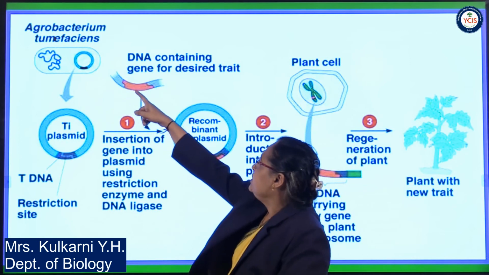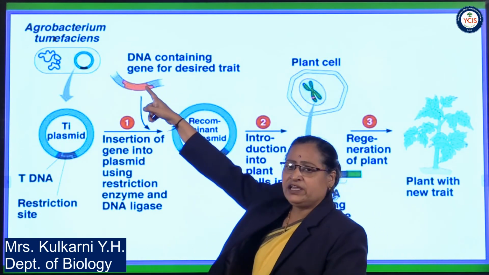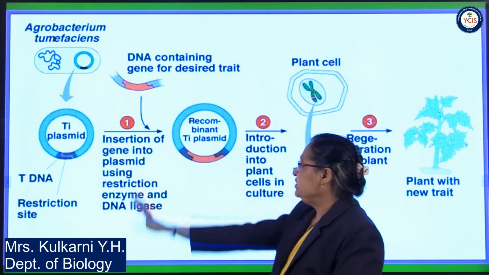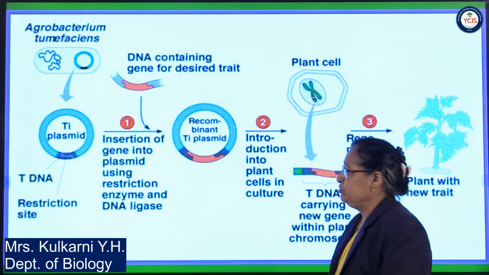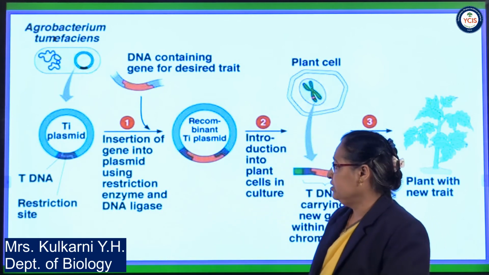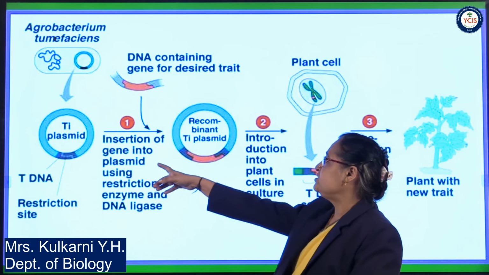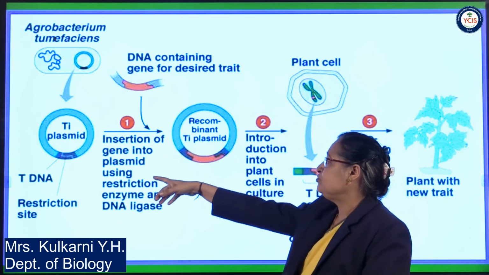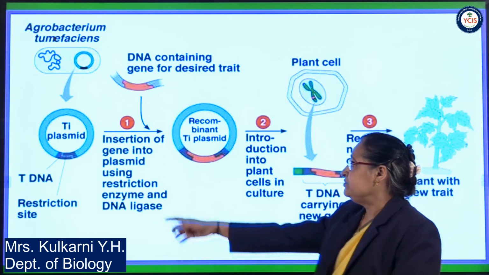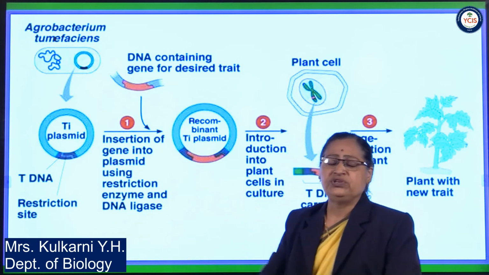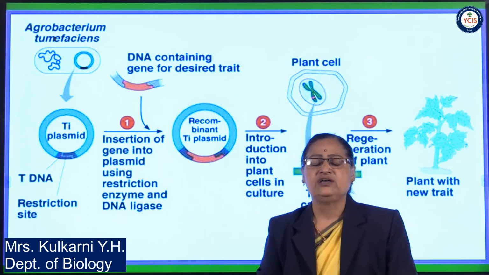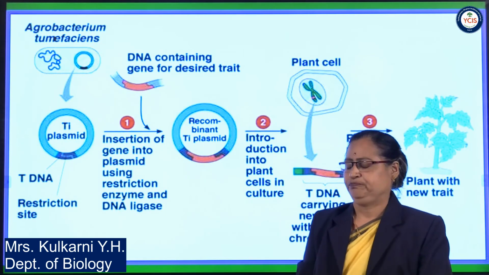Means this plasmid is isolated, it contains a desirable trait, and then it is cut with the help of restriction endonuclease enzyme, and the plasmid is also cut with the help of restriction endonuclease enzyme. Then insertion of the desired gene into the plasmid using restriction enzyme, and the sticky ends can be joined with the help of DNA ligase enzyme. It is also called molecular glue.